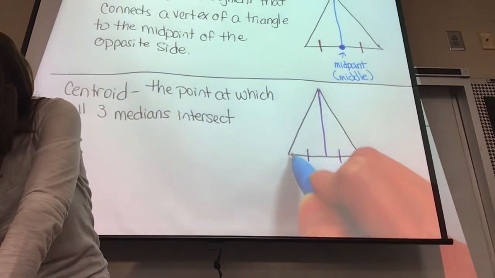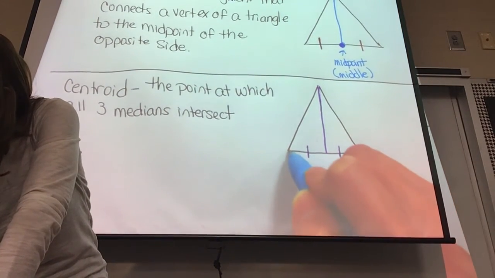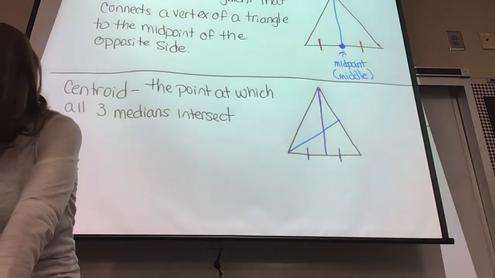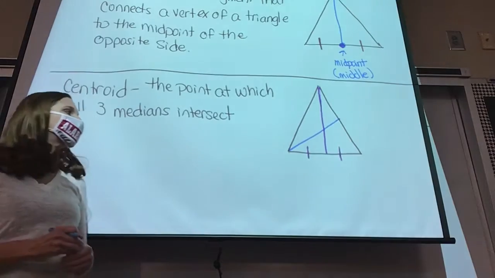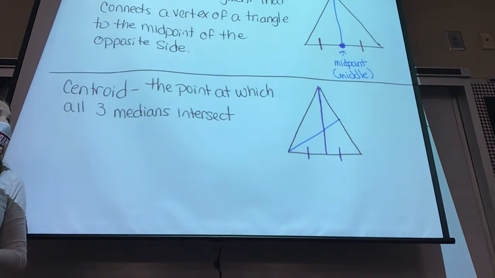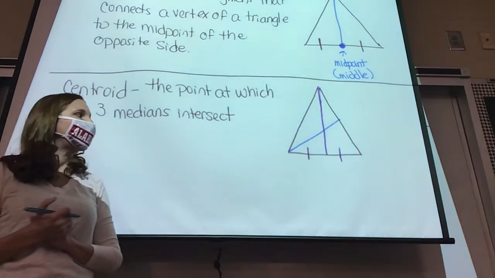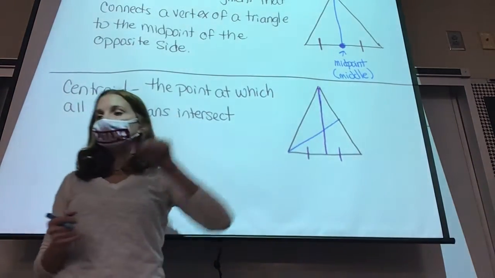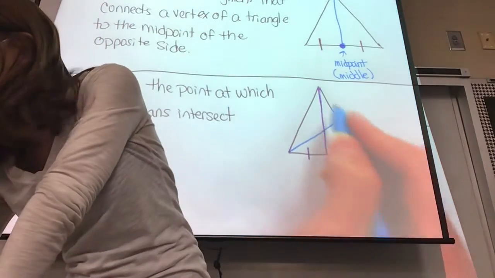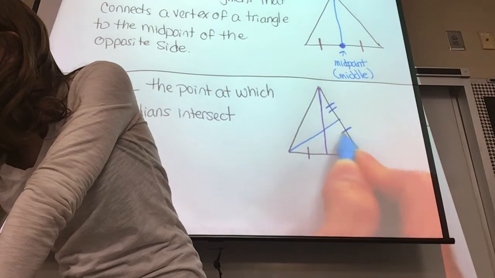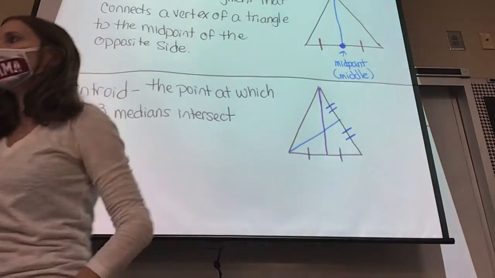So now I'm going to come from this vertex. And I'm going to draw one over here. Just like this. So now I know again that when I draw this blue line, it has now cut this side into 2 equal pieces.